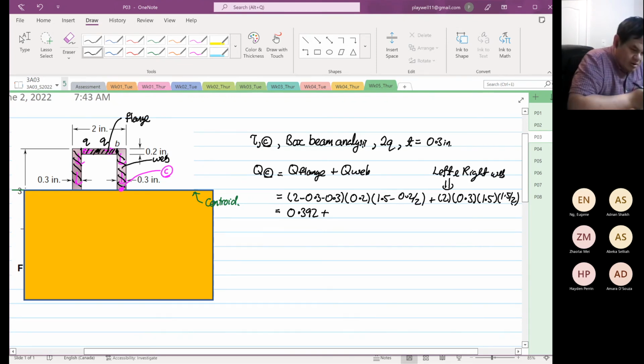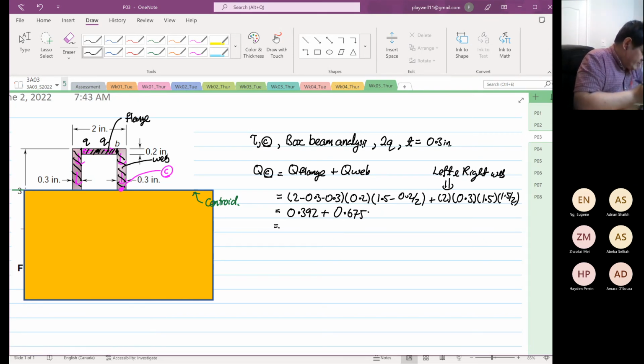Okay. 2 times 0.3 times 1.5 times 1.5 divided by 2 is 0.675. So it's equal to 0.392 plus 0.675 is equal to 1.067 inches cubed.